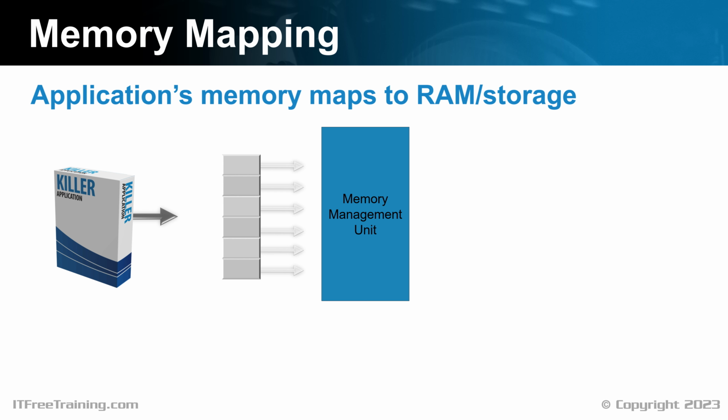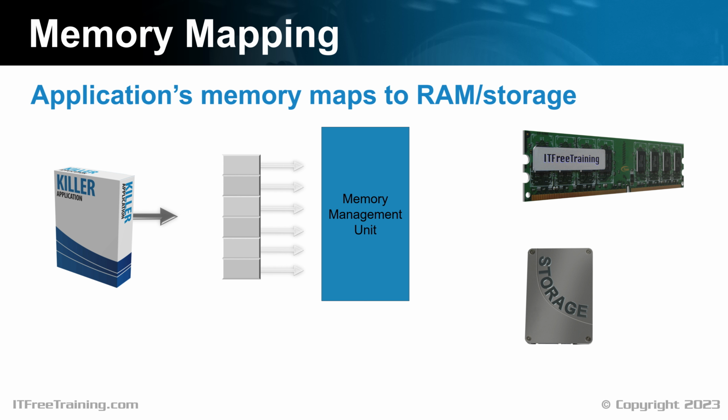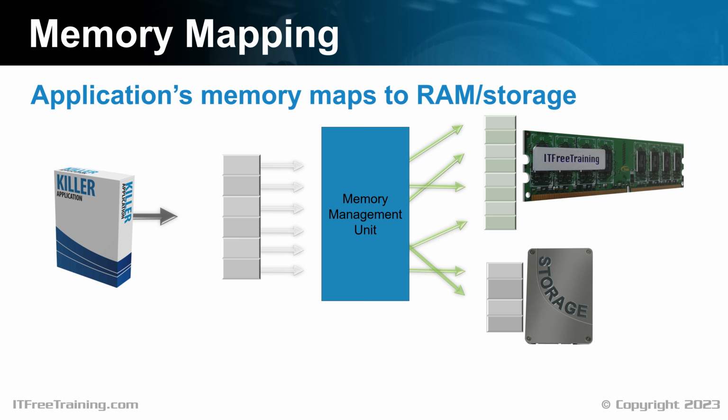If the CPU supports multiple page sizes, it is up to the operating system to decide which page size it wants to use. The memory management unit keeps a table which records where the pages are stored. The physical data for each page can be stored in physical memory or storage. So essentially, this table maps the data from the application to where it is physically located.